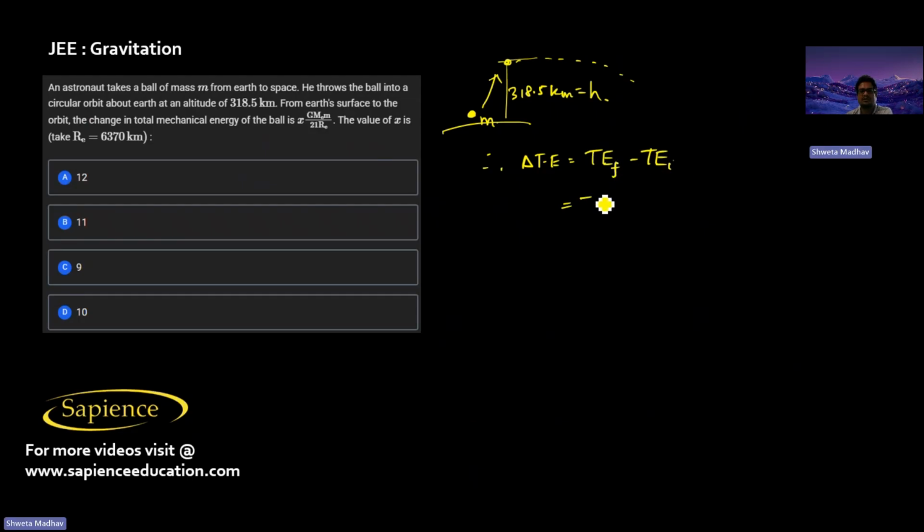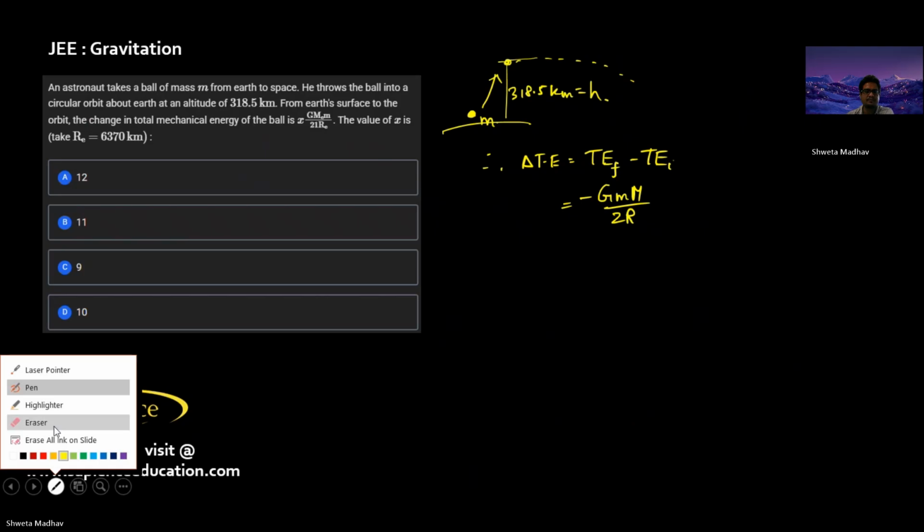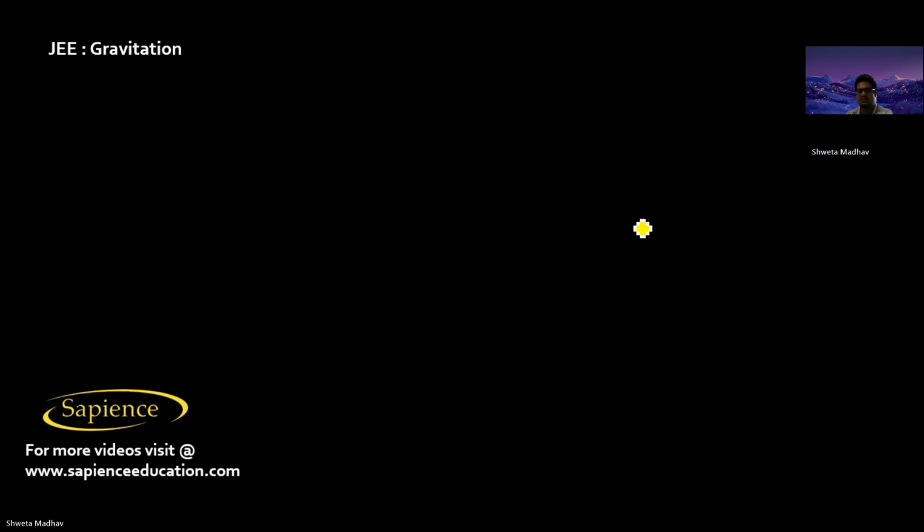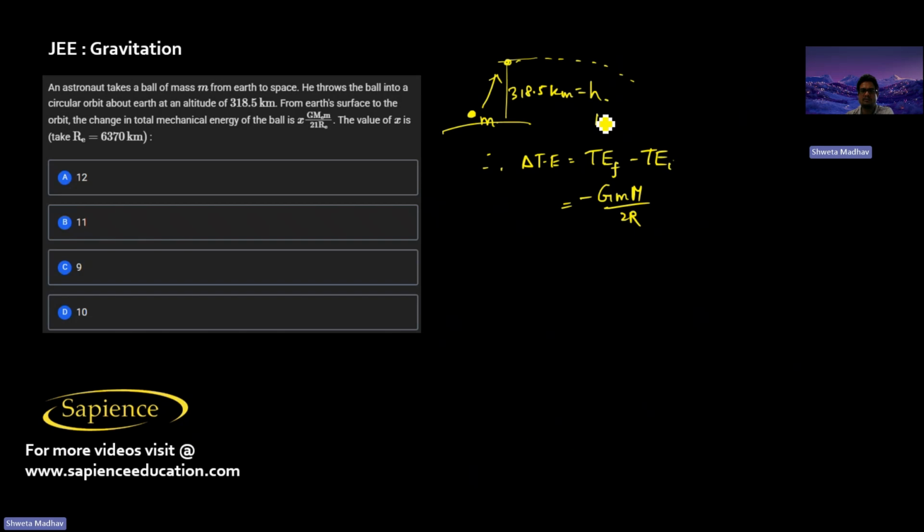The final total energy is minus GMm by 2R, where R will be equal to RE plus h.